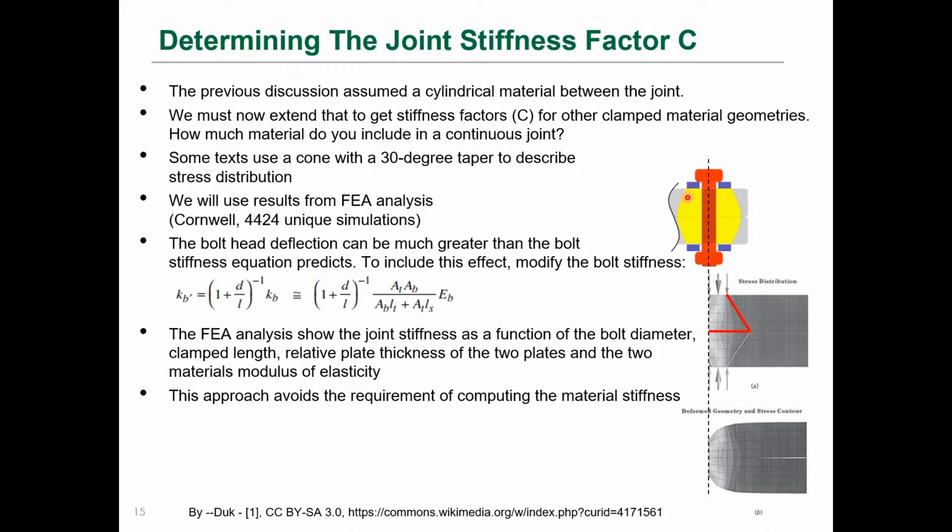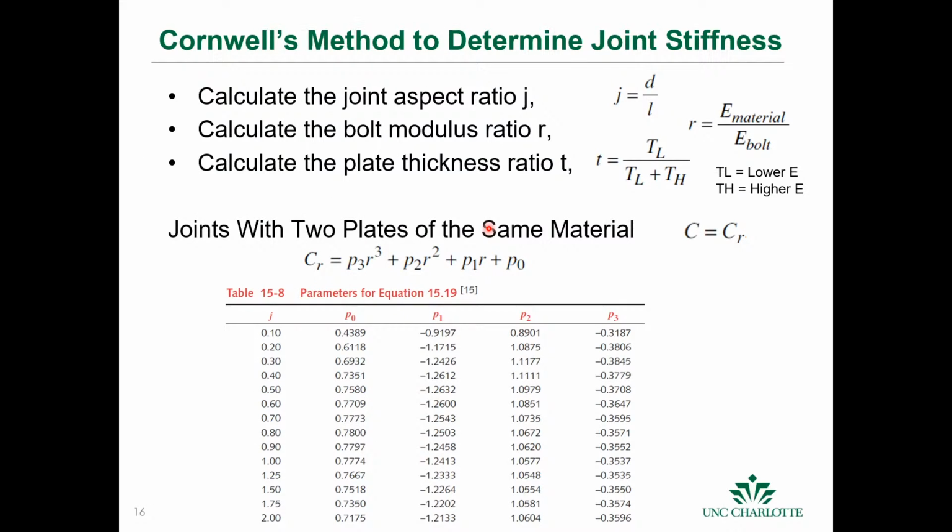Okay, so in this case we're not talking about simple cylinders, we're talking about when we have continuous material here, and we want to find the joint stiffness value, so we have to find out what area we choose for the area under the bolt when we have this continuous piece of metal that's clamped by the bolt.